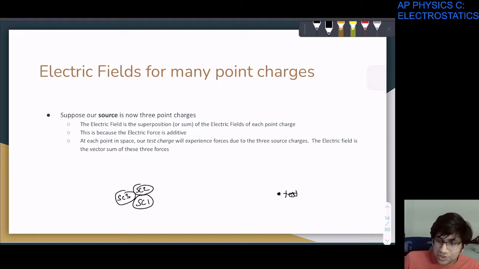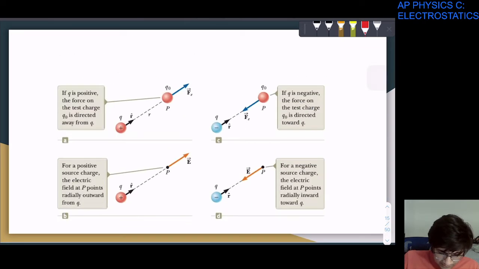It experiences three different forces at each point, one from each of those particles, so it'll just be the additive sum of the three electric fields.